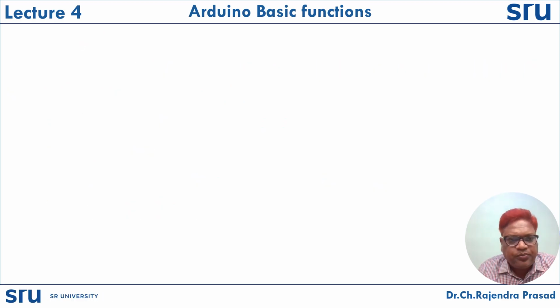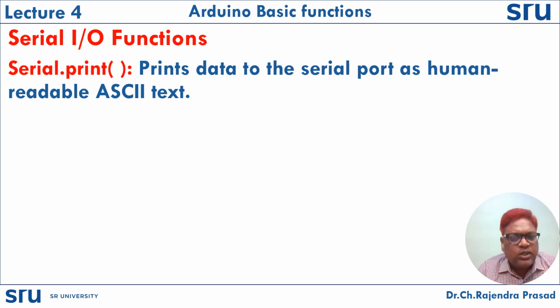And coming to another serial IO function, Serial.print. This will print the data to the serial port as human readable ASCII text. That means whatever data you are sending is printed on the serial port of Arduino.